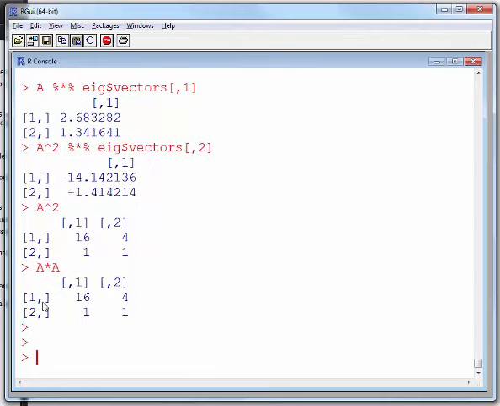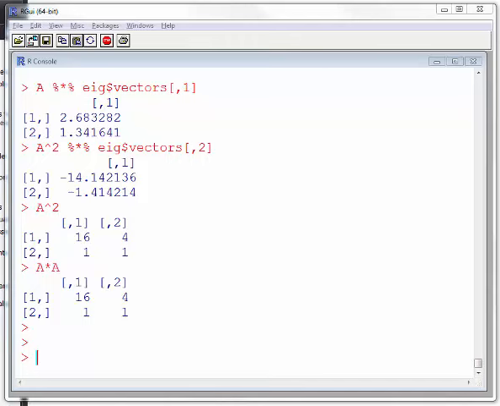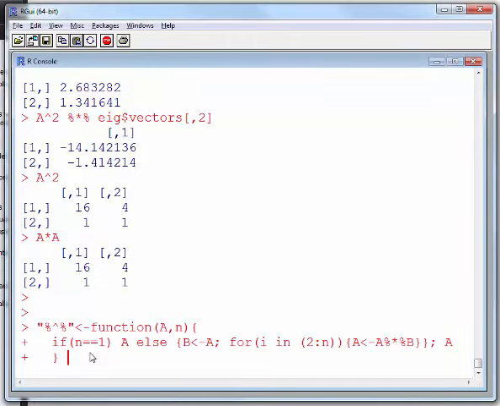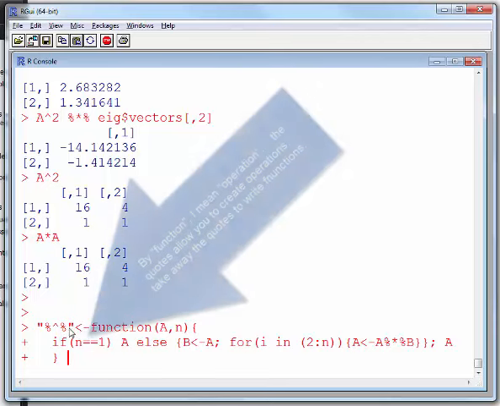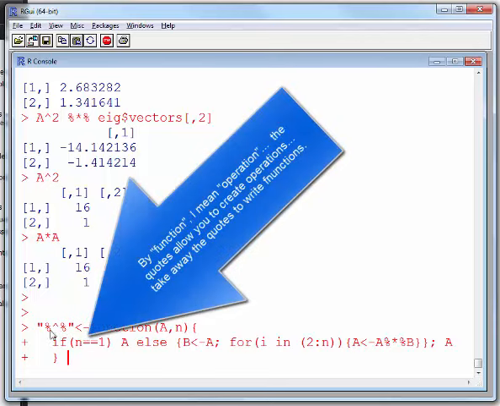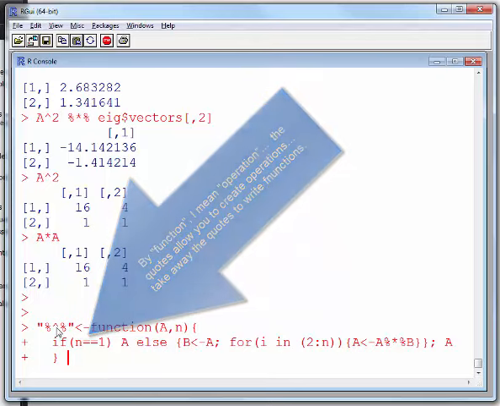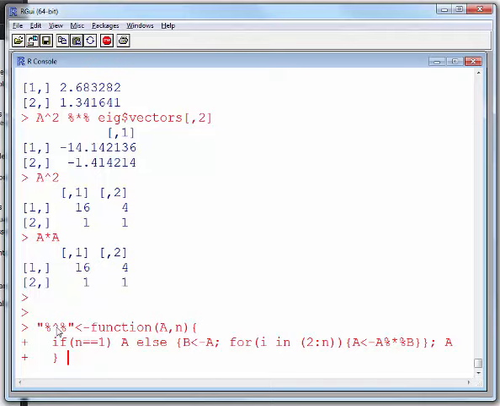So what I need to do is maybe I'll write a little function. Turns out you can write your own functions in R, and I'm going to make a function called %^%. I want to write a function where I can use the caret symbol to raise a matrix to a power in the usual way that we would raise a matrix to a power.